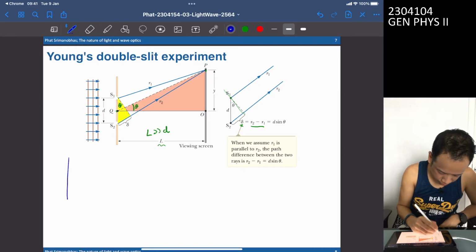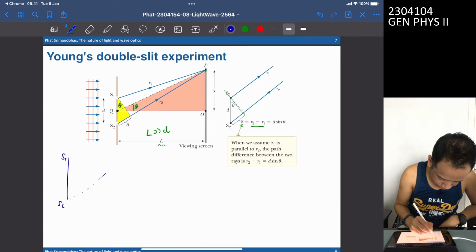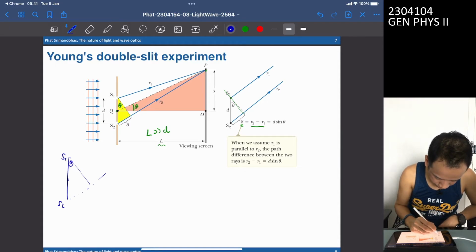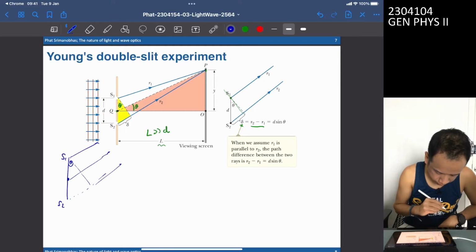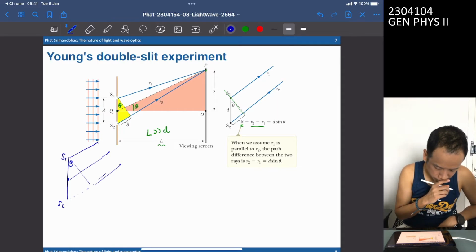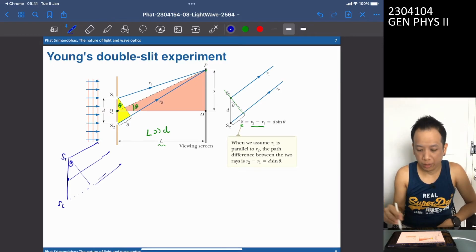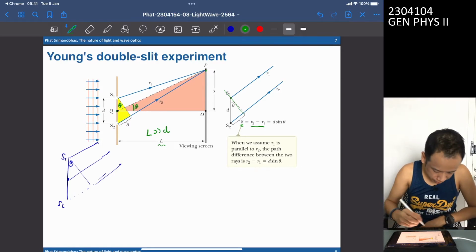So you have S1 and S2. This is theta, and this is the middle point. This line goes here, and this one goes here. Okay. So let's start from the normal case and then we treat it later.